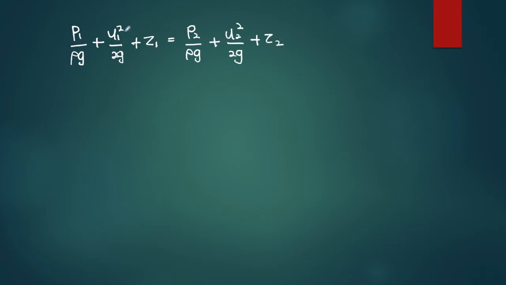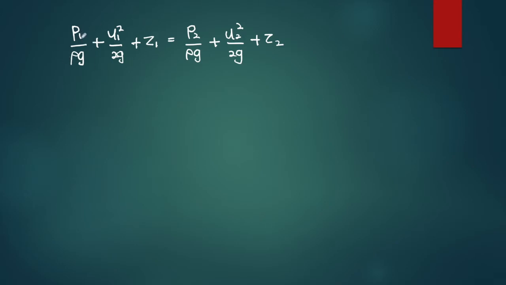Now I have already written down Bernoulli's equation at point 1 and point 2. This is the total energy at point 1 and the total energy at point 2. Now we have to look one by one at the pressure energy term, the kinetic energy term, and the potential energy term. In this equation, we are using head.